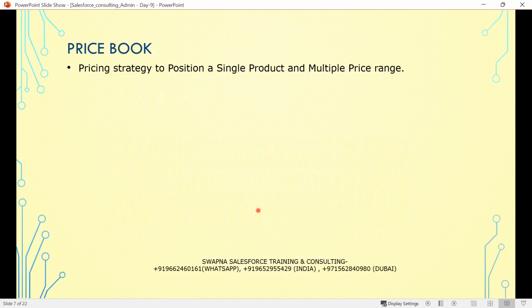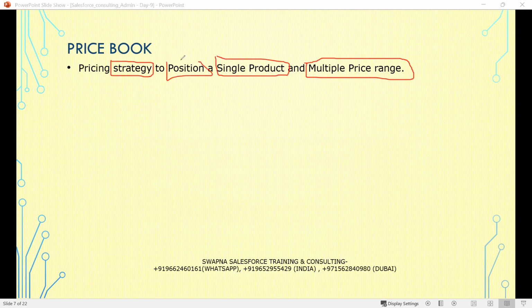A pricing strategy to position a single product at multiple price ranges. What does that mean? When I say single product and multiple price range, I'm talking about the strategy here. Strategy to position a single product at multiple price ranges.